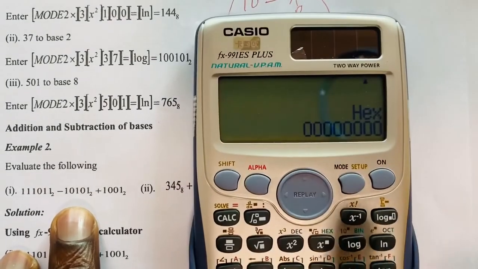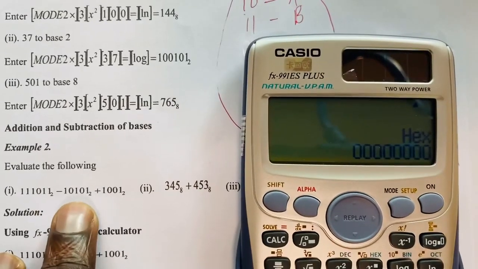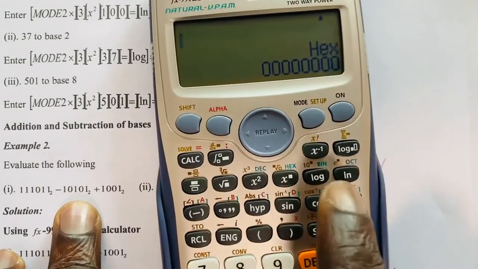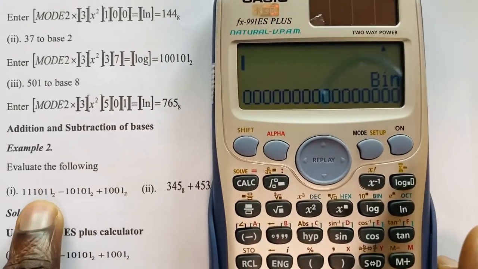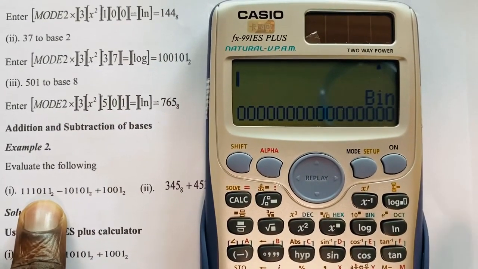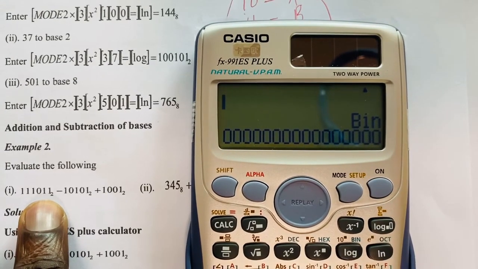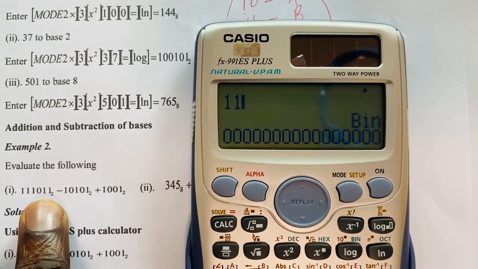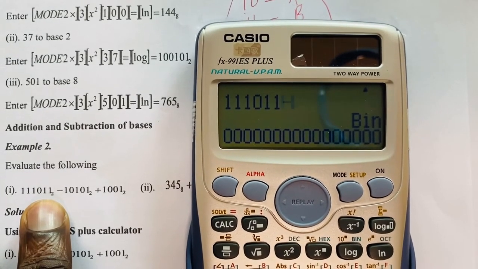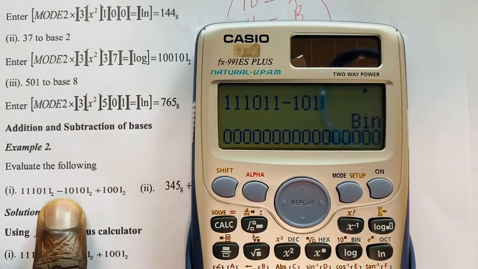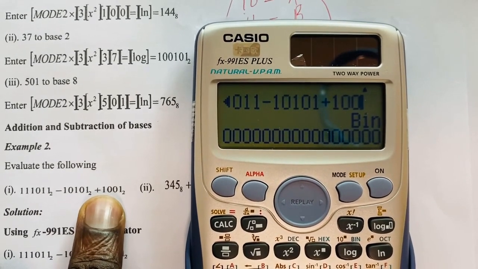This is still in hexadecimal, but the question here is in base 2, so you need to change it to binary in order to enter your values. When you change it this way, you enter the values directly: 111011 minus 10101 plus 1001.